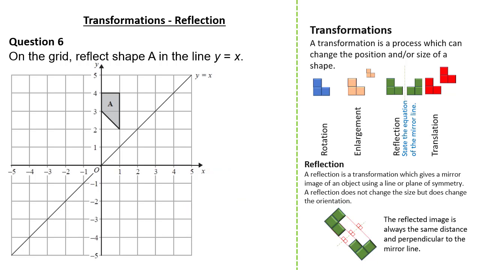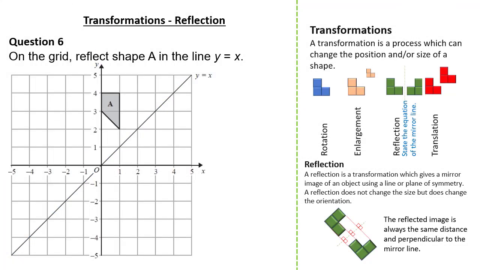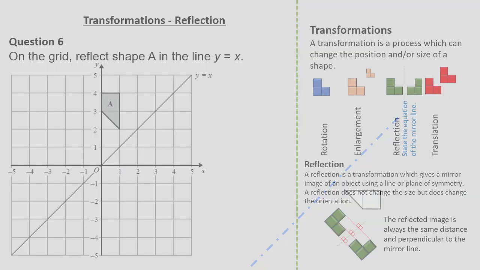Just like before, let's lay down our tracing paper. From here, let's draw the exact length of our equation of our line. Then let's copy our object exactly. Then lifting up our tracing paper, we flip it over and lay it down. You can now see the reflected image on the other side of our mirror line.